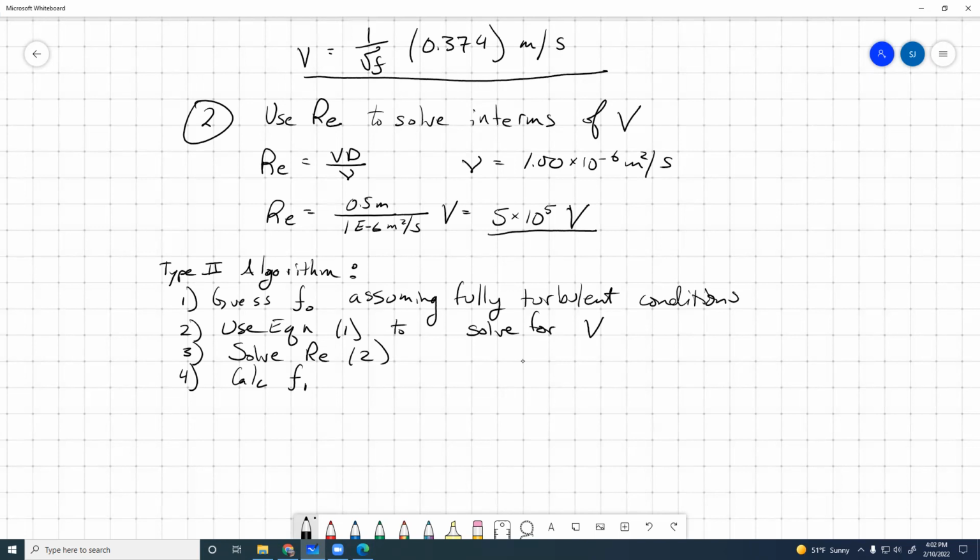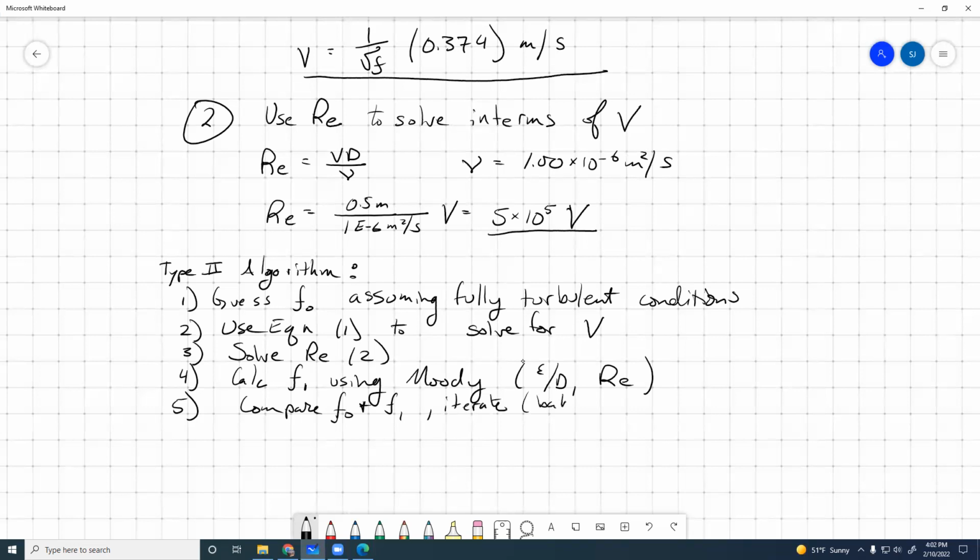Calculate a new F, so F1, using the Moody diagram, based on that relative roughness and the Reynolds number that you calculated. Compare your initial guess of the friction factor and F1. And then if they're the same, great, you're done. If they're not, then iterate.